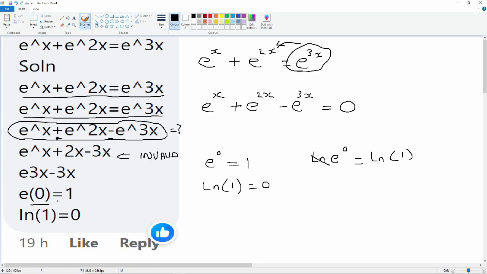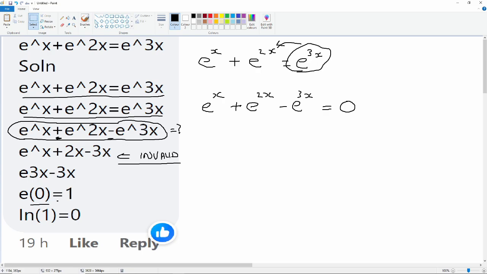And then the natural log and the e cancel out, so we get 0 equals natural log of 1. So that's how we got from here to here. Again, these statements are correct, but they have absolutely nothing to do with the question because of this invalid step here. Okay, so that's what went wrong.